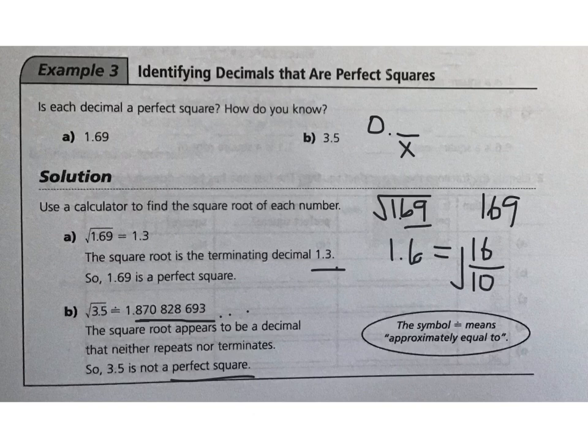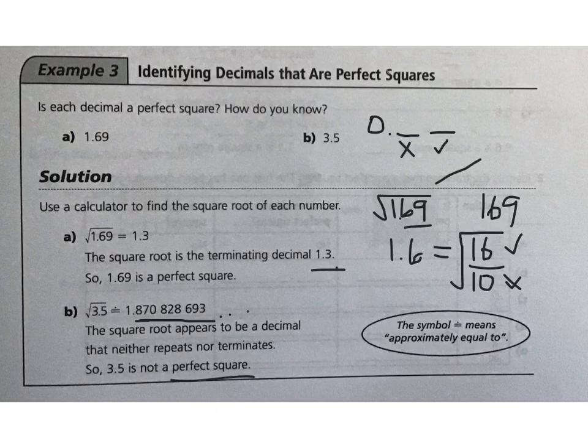Taking the square root, 16 would be good, but 10 isn't a perfect square, so it would never work to end up with a whole number. So when you're checking decimal places, a number ending in the tenths place doesn't work, but a number ending in the hundredths place does work.